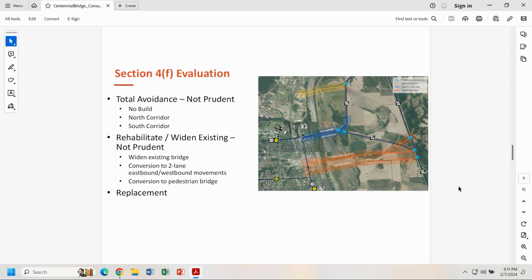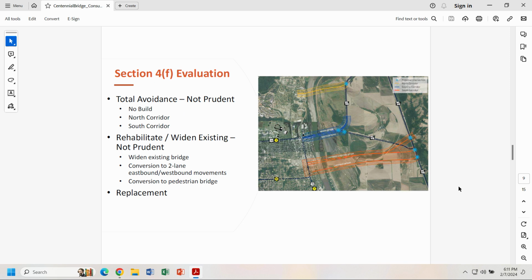Yellow is the north corridor, and the alternative to the south is the orange one there. So looking at a completely different alignment across the river, due to pretty substantial environmental impacts as well as some complexities with the fort, both of those north and south corridor alternatives were considered not prudent, not able to move those forward.